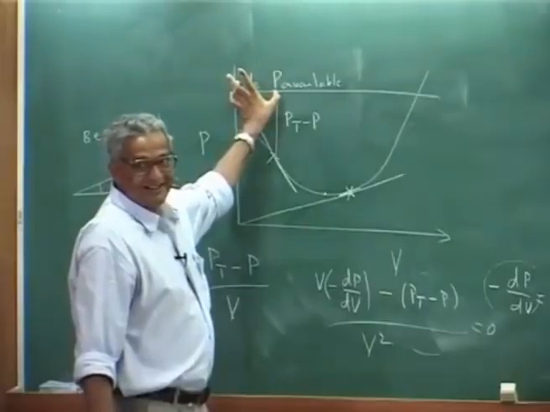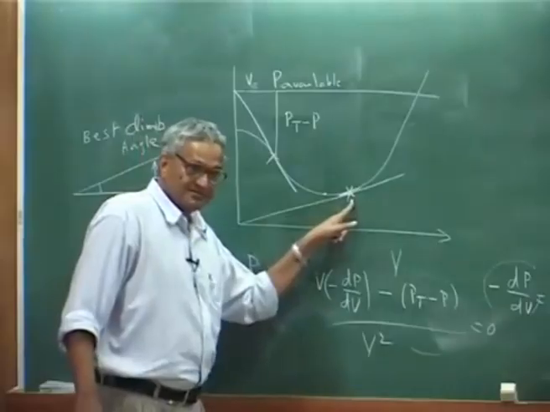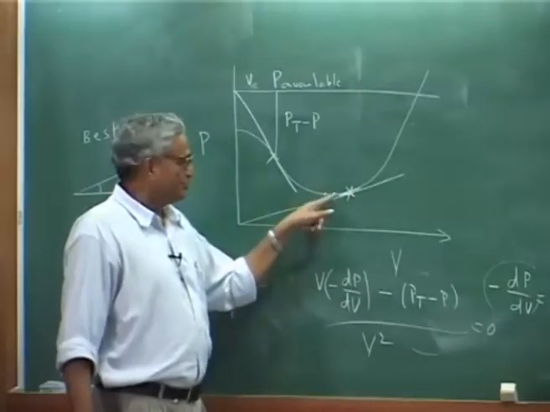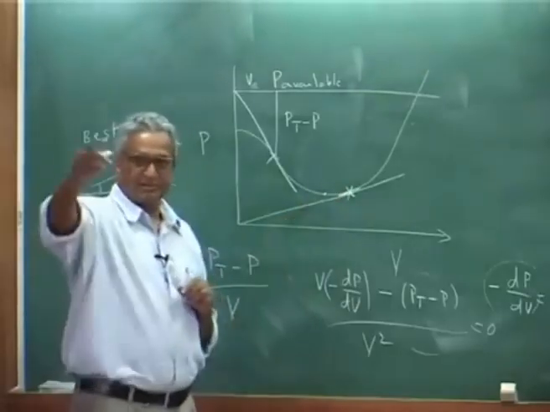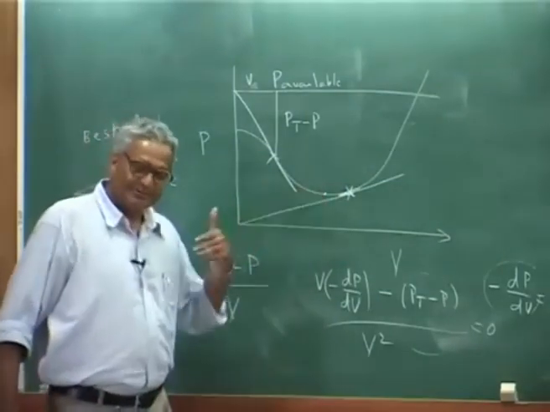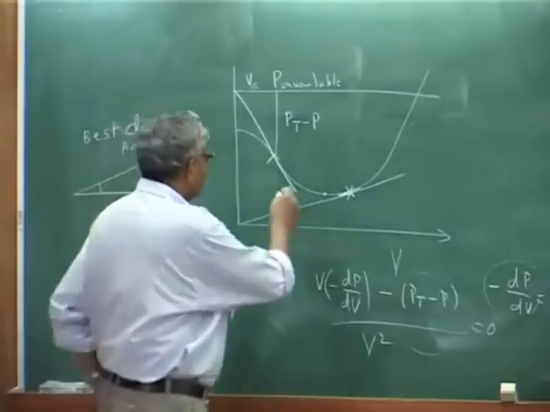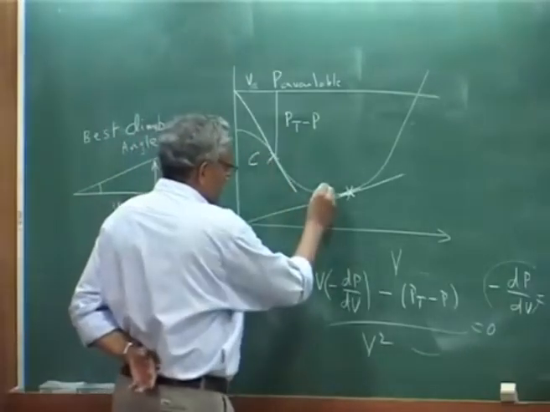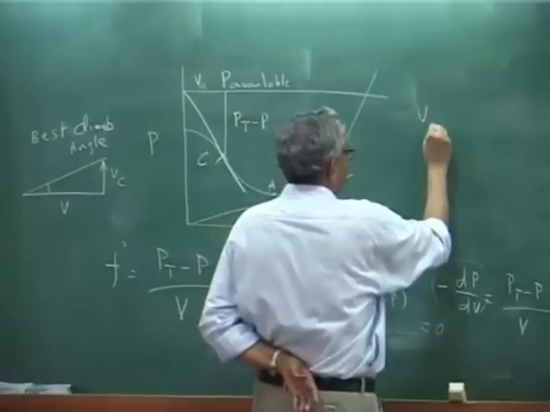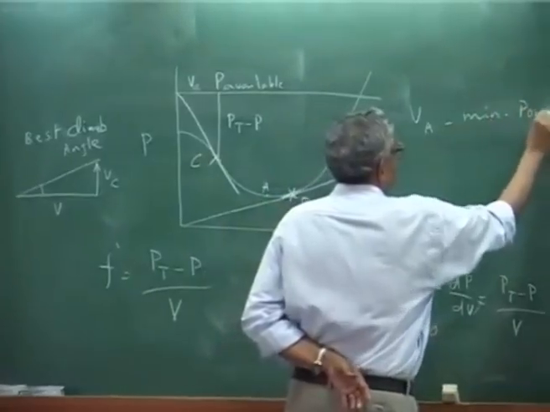So, this is the best climb angle, this is the best range, this is the minimum power velocity. At this velocity if you fly, you will cover more distance. If you go this way, you have longer flight time. So, you can call it A, B, C. VA is minimum power, long endurance.